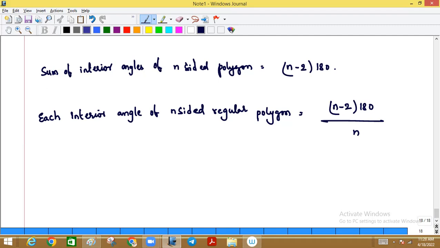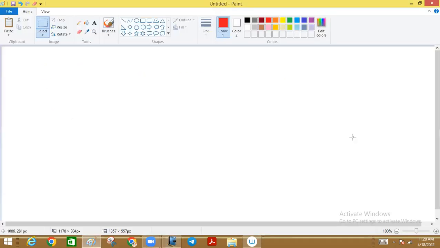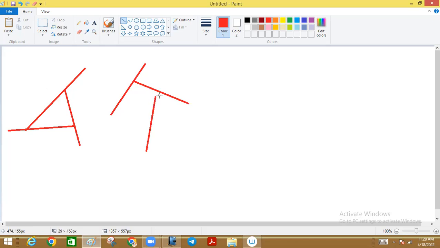For 3-sided figures, you divide it by 3. For a 4-sided figure, you divide it by 4. For a 10-sided figure, you divide it by 10. For n-sided figure, you divide it by n. That's how it is. Suppose now if I wish to take an external angle, what kind of a figure is that? Can I say it's a triangle?